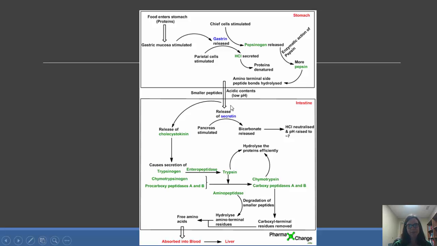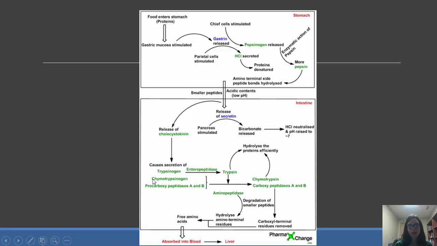Smaller peptides are then released into the intestine, which stimulates the release of CCK, or cholecystokinin, and also the release of secretin. Secretin helps to neutralize our very acidic chyme. Cholecystokinin causes secretion of trypsinogen, which is our proenzyme from our pancreas. And then the enteropeptidase helps to convert the trypsinogen to the active form trypsin.